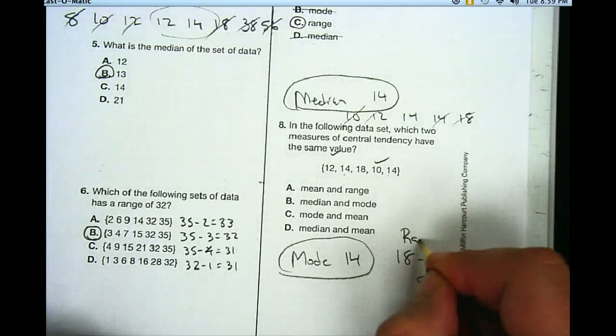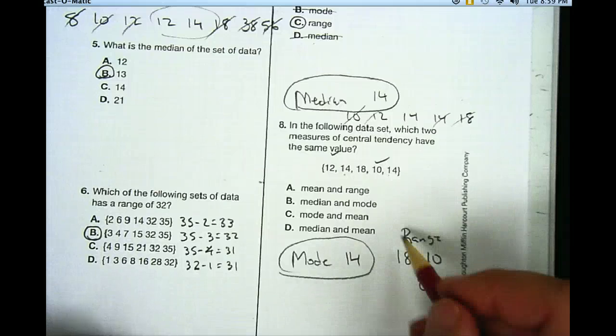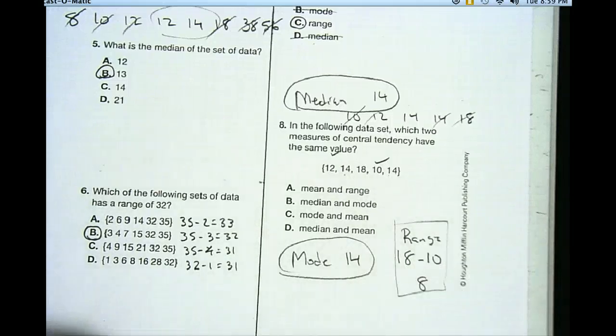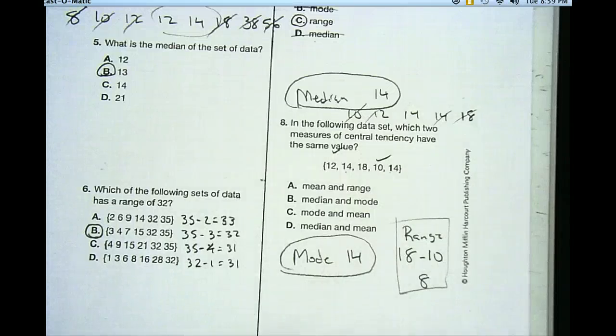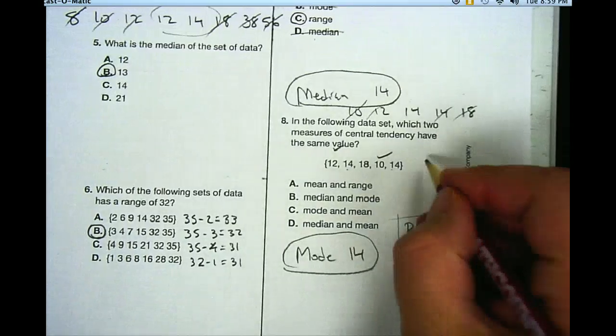And the last one I need to find is the average. The way I find the average or the mean is I add them all up and divide them by 5 since I'm adding 5 numbers. So if I add them up, I have 12 plus 14 plus 18 plus 10 plus 14, and that's equal to 68.